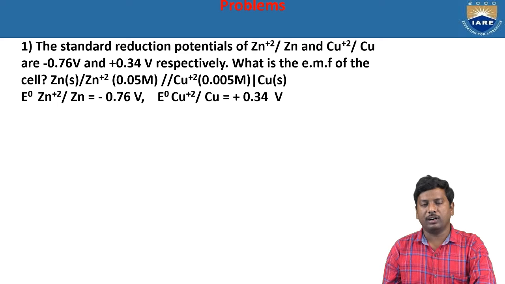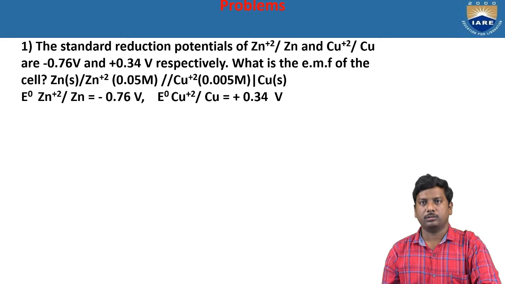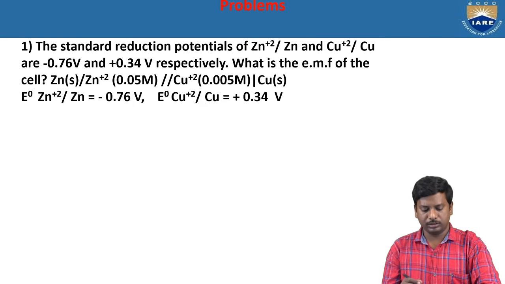Now let us see the model problems involved in the EMF of a cell potential based on the Nernst equation. The standard reduction potentials of Zn2+/Zn and Cu2+/Cu are minus 0.76 volts and plus 0.34 volts respectively. What is the EMF of the cell? Zinc solid in Zn2+ at 0.02 molar, and the two half cells are separated by a salt bridge, represented by the parallel symbol.